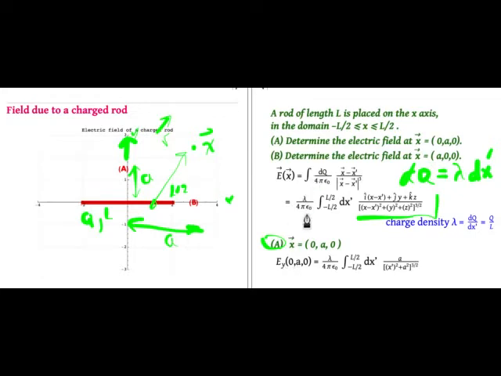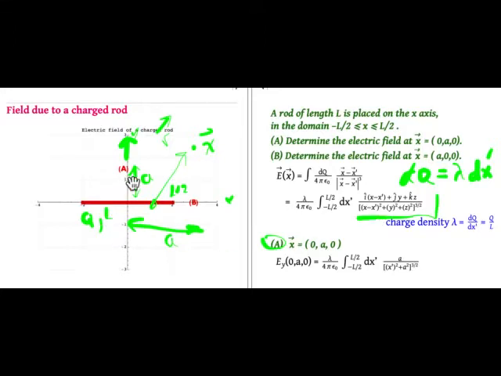So I have lambda over 4 pi epsilon 0, integral minus L over 2 to L over 2 dx prime. I'm looking at the y component, the j hat component. Well, in the numerator, it's y. And at this point, y is equal to a. So there's y. Now in the denominator, I have x.